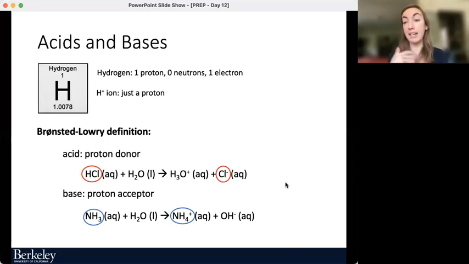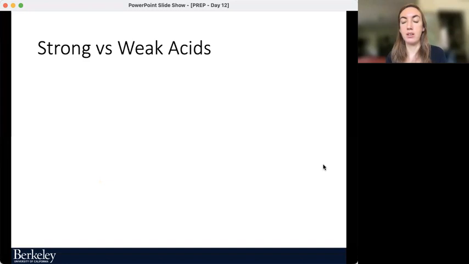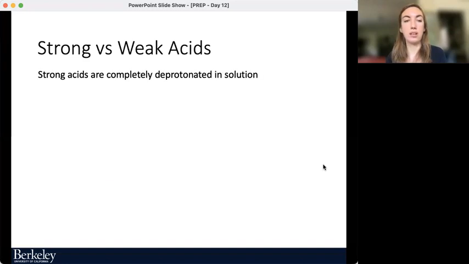But it's the same idea as far as things have charge and we can move them around and that changes the charge of stuff. So strong acids are completely deprotonated in solution. They have lost their proton.